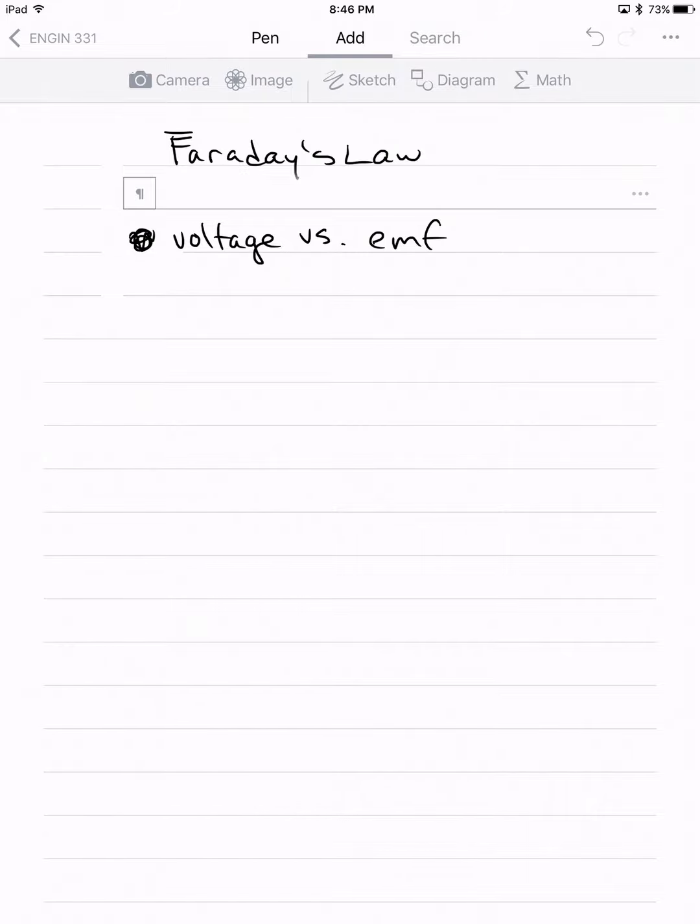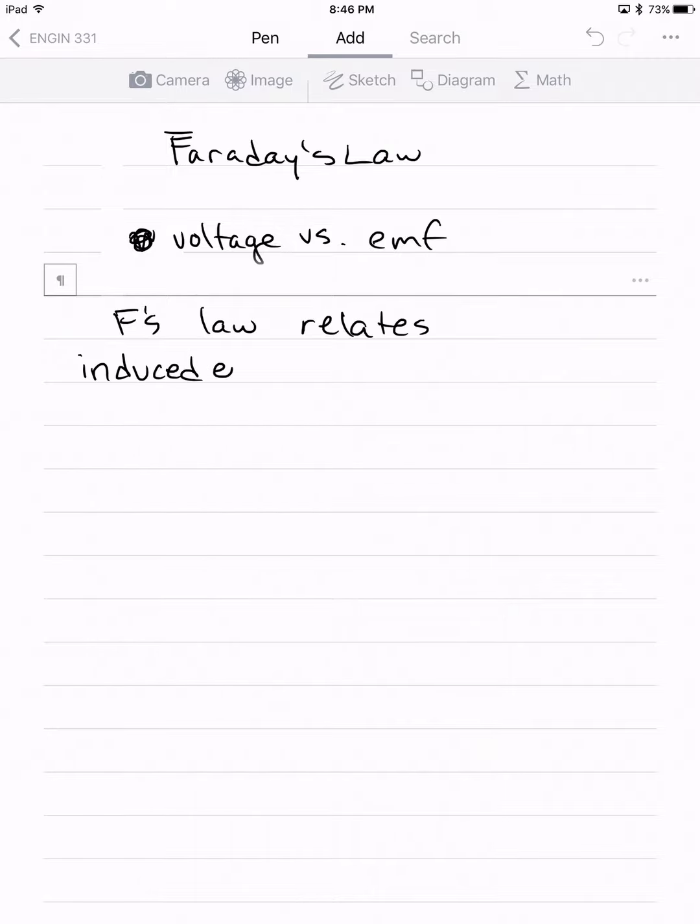So Faraday's law relates two things: an induced EMF to a change in the magnetic flux. I'm going to write changing through some surface. So the induced EMF is around the border of a surface or around a circuit.